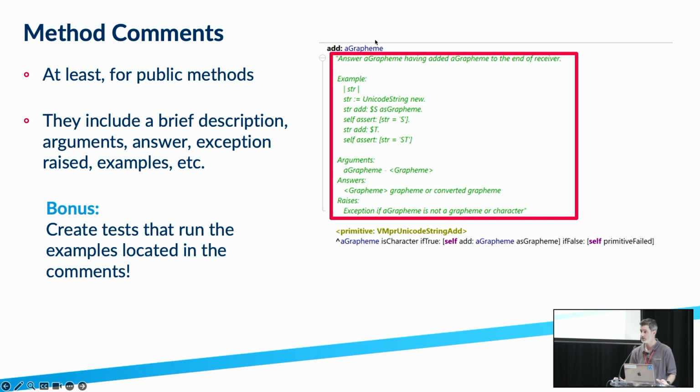We put in examples as much as possible, and that has a very nice bonus: we have tests that parse the methods, extract the examples, and run them. So by running our tests, we know that all of the examples in the comments work, which is nice.